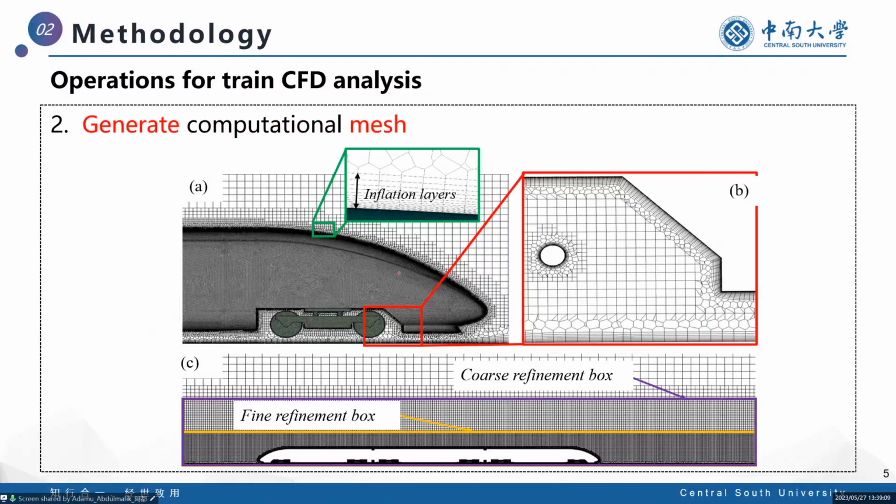What is a mesh? Mesh generation is the process of discretization. Discretization means that we cut up this computational environment, the train itself, because we are going to put the train inside the computational domain, the body of influence, and the flow inside the computational domain, so as to reduce the computational power needed in each cell.